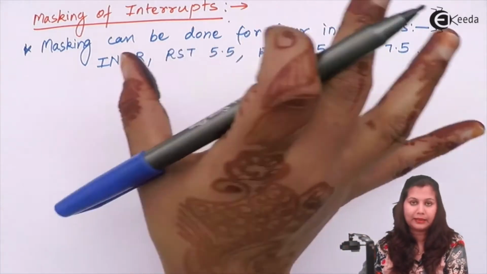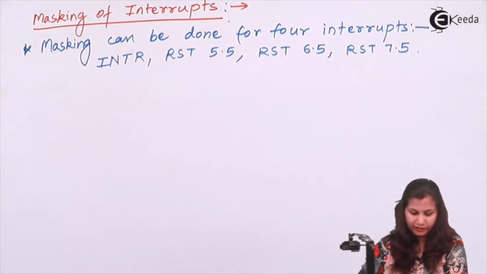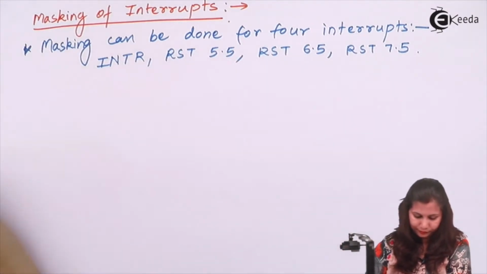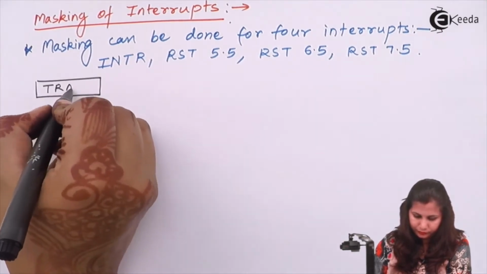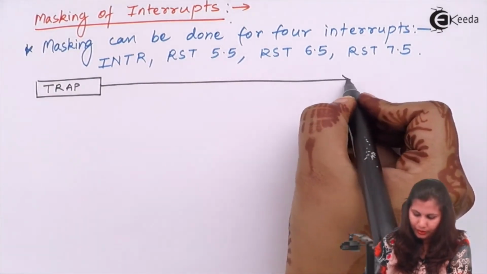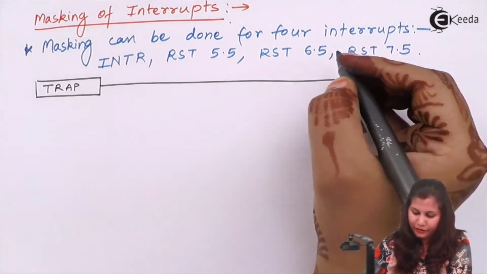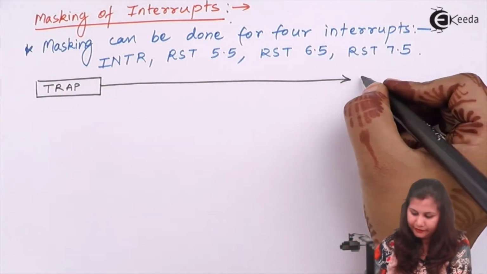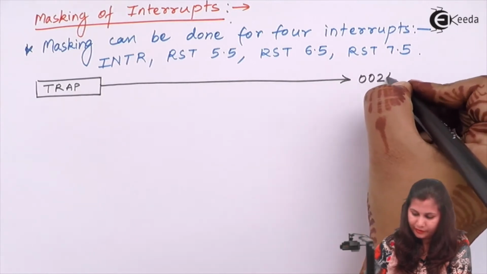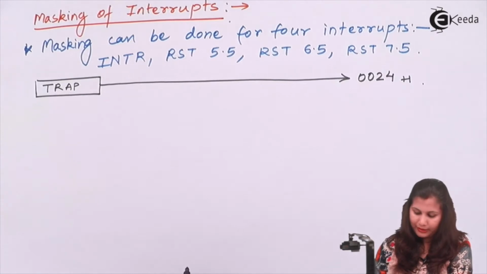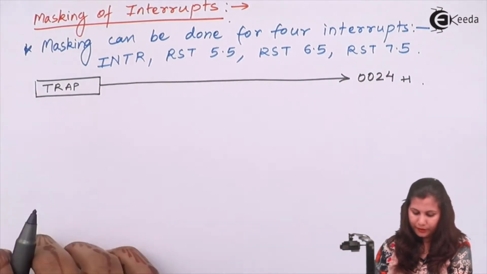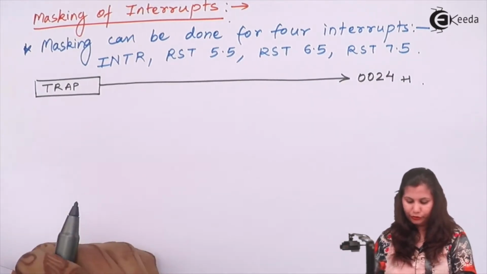So let's see the circuit for it. Trap is a non-maskable interrupt, so it will be directly given and its vector address is 0024H. Okay, now masking has to be done for the 4 interrupts. So let's draw the circuit on a new page.